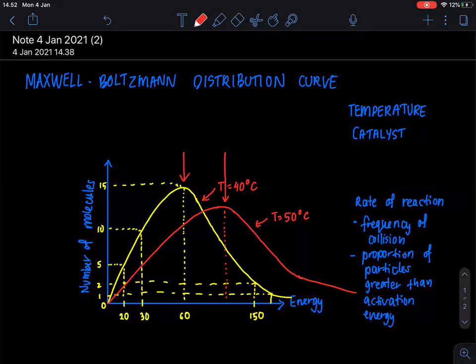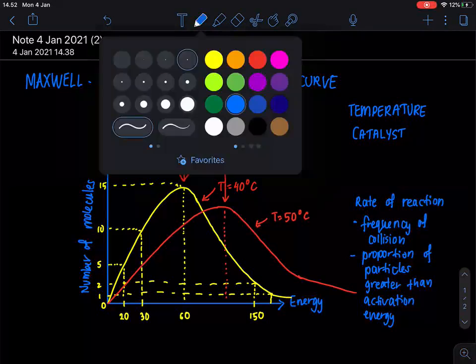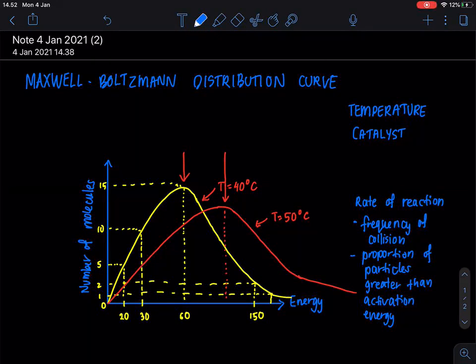So if I want to draw another graph at 60 degrees Celsius, how I will draw it will be something like this, and then I will draw like that. So this is how we show the temperature. Basically, the higher the temperature, the graph is going to be slightly shorter and then skewed to the right.